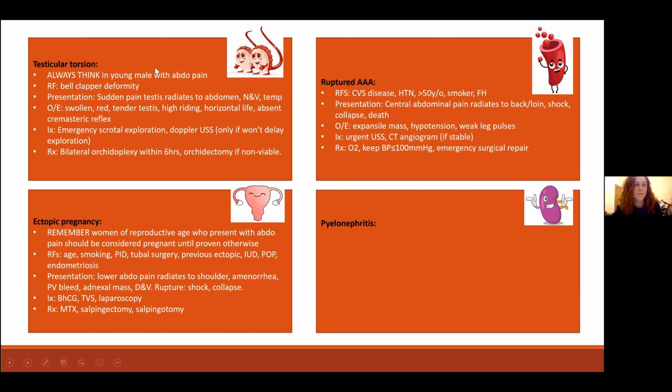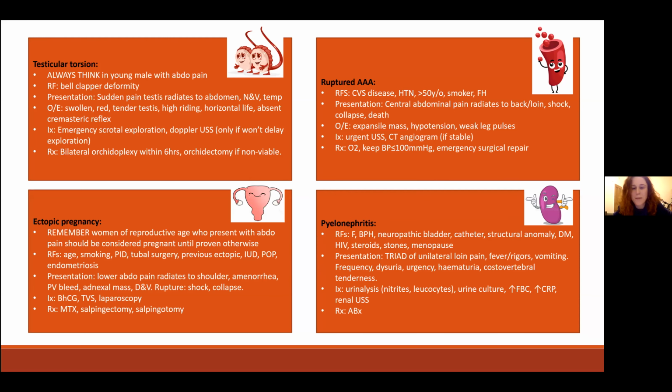An ultrasound scan, blood tests, MSU, midstream urine, urine culture, urine dip, electrolytes, U&Es, I'm guessing. Okay. And then finally, what would the treatment be? Antibiotics, IV antibiotics, analgesia, IV fluids. Great. Okay.